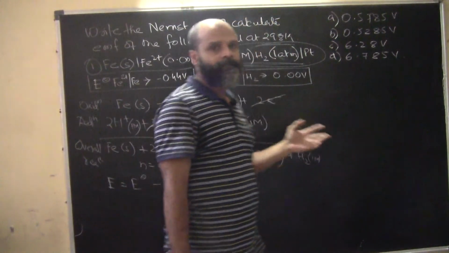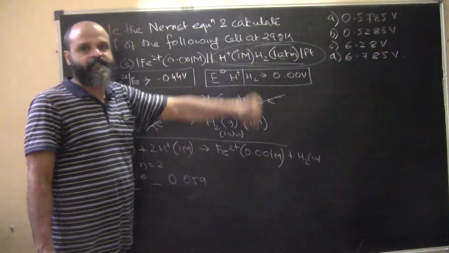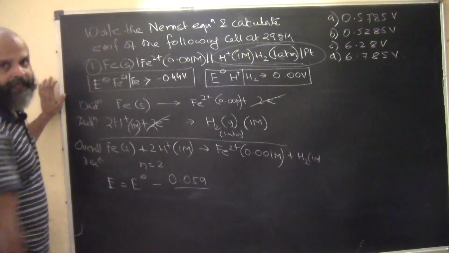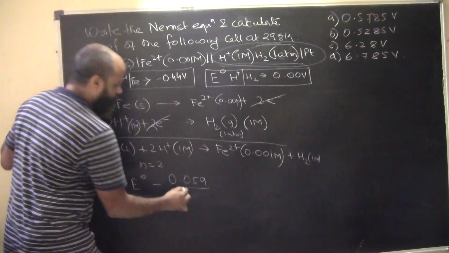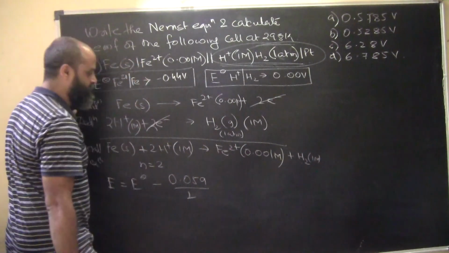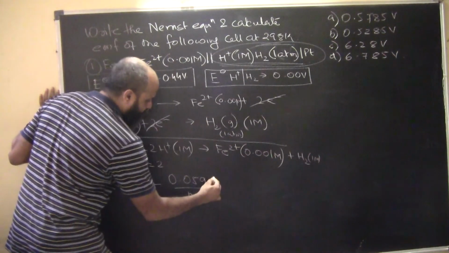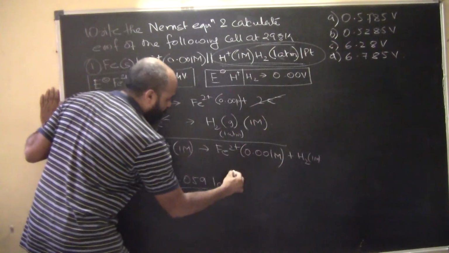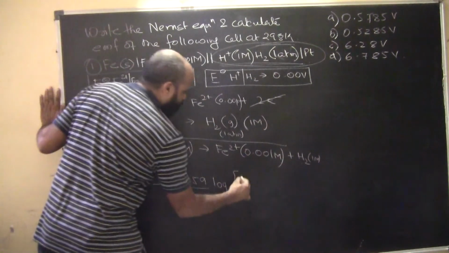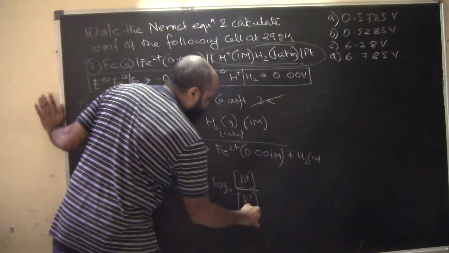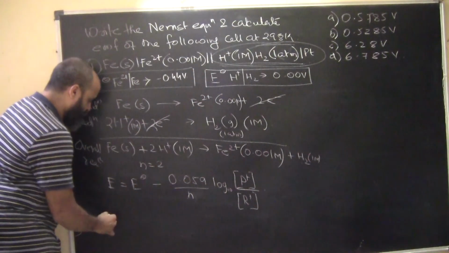Because it is a reaction taking place at 298 Kelvin. Upon n, the number of electrons lost, that is 2, times log 10 of the molar concentration of products upon the molar concentration of reactants.